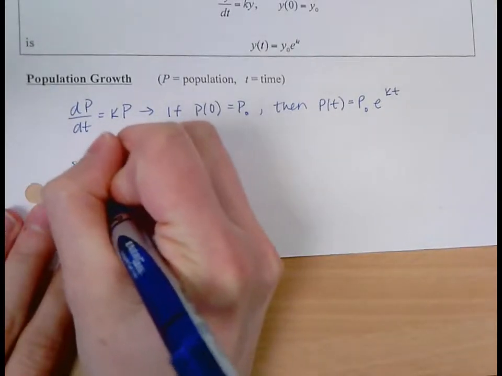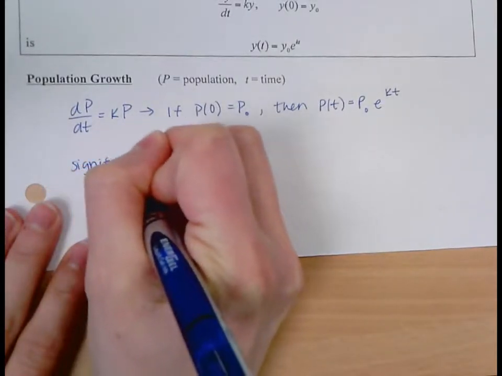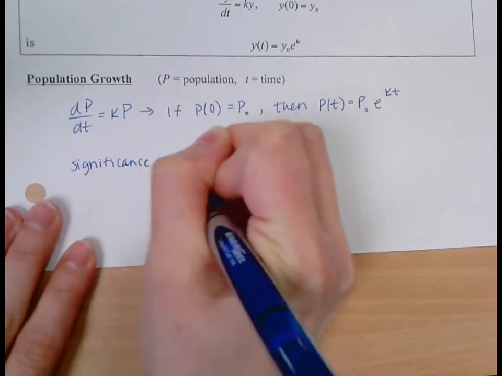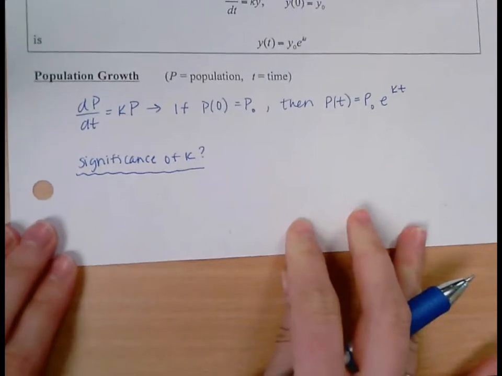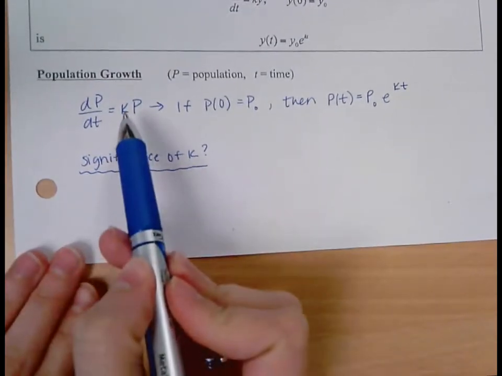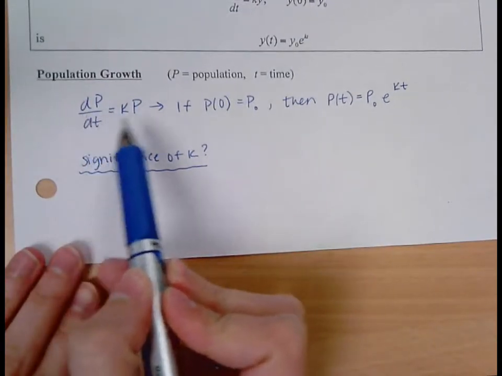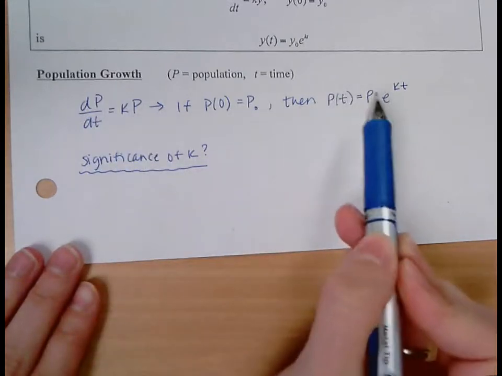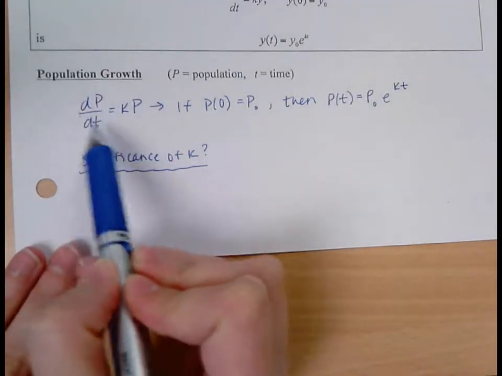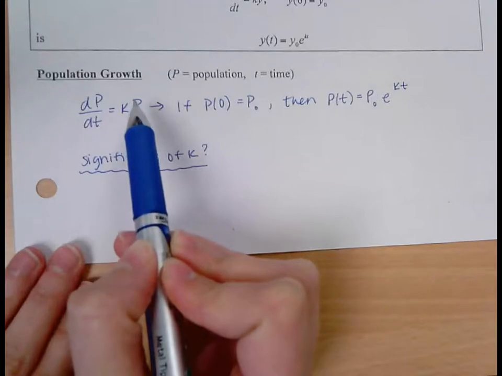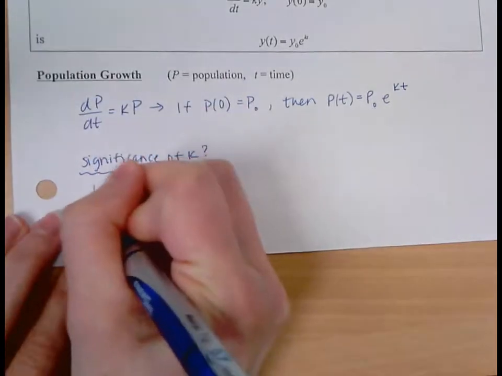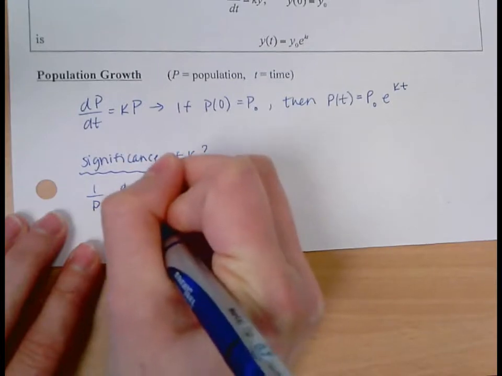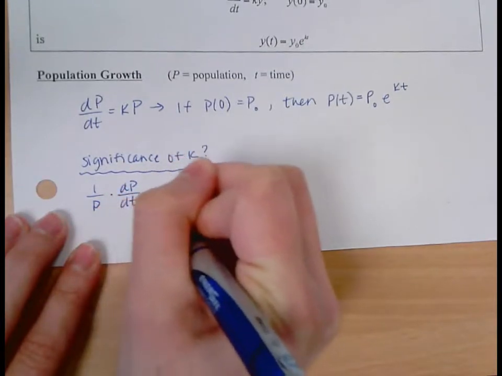So, talking about the significance of k, if I solved the actual differential equation, not the solution, for k, so I divided both sides by P, I'm actually going to write it as 1 over P times dP/dt.